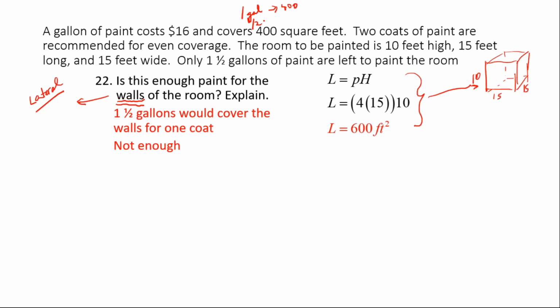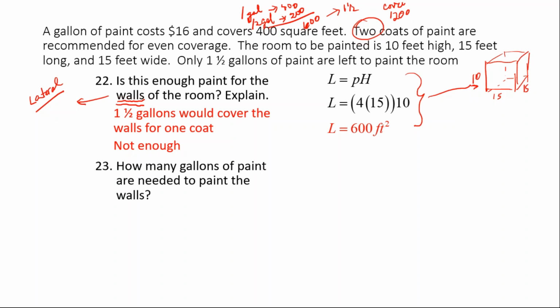Half a gallon for that 1.5 covers 200. So that goes 600 square feet for 1.5 gallons, but I need 2 coats. So I really need 1,200 square feet. So it's not enough to cover 2 coats. It is for 1, but not for 2.